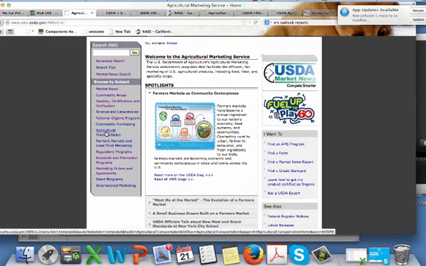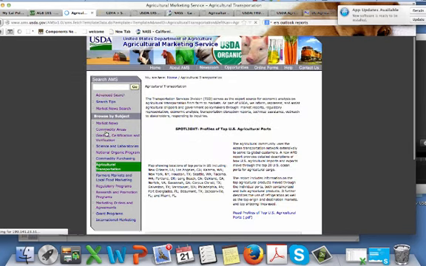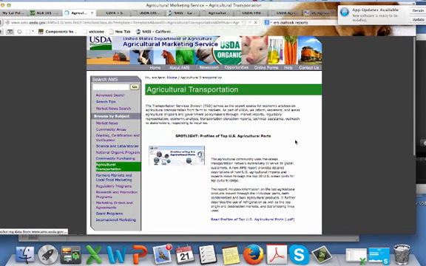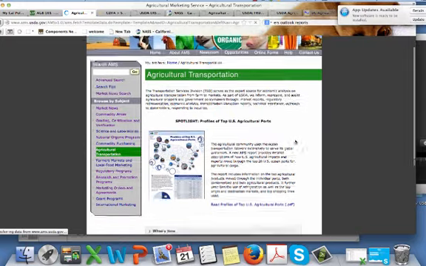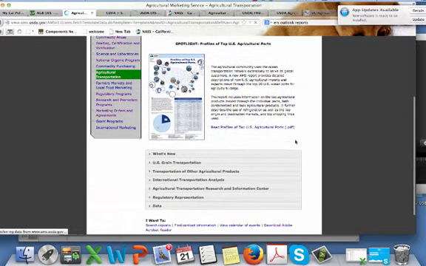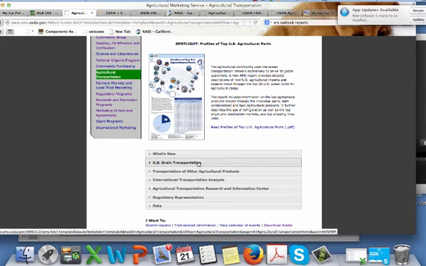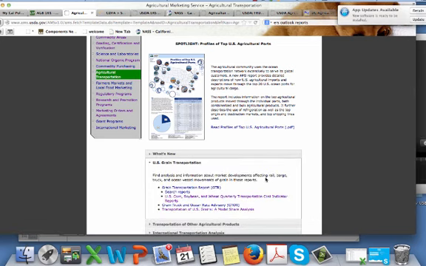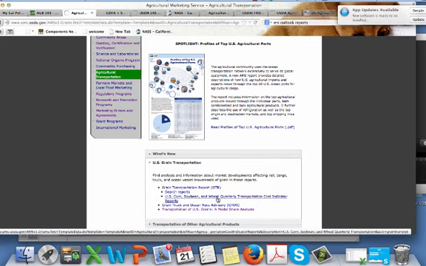There is a link for agricultural transportation. Most of the information right here is going to deal with grain. So if you have oats, barley, wheat, you can get a good idea of how those products are transported.